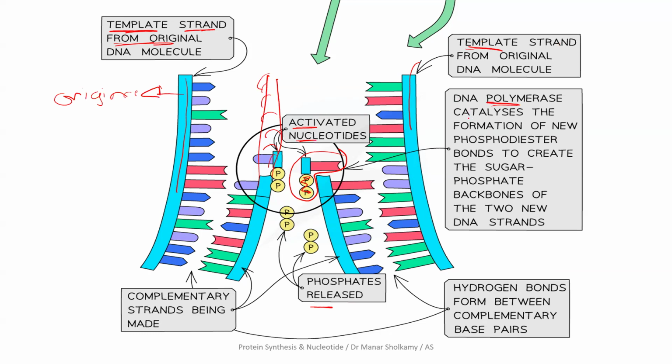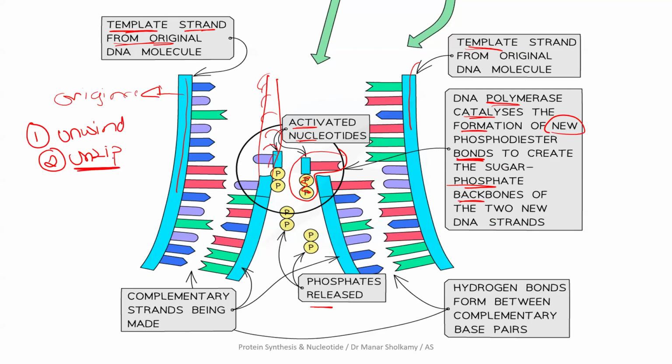DNA polymerase catalyzes the formation of new phosphodiester bonds to create the sugar phosphate backbone of the two DNA strands. What do you think? Anything is wrong? Anything is hard? If I want to summarize that, I will say the DNA replication: one, the DNA will unwind; two, the DNA will unzip, or you can put them both in one step, and you can explain what is unzipping.